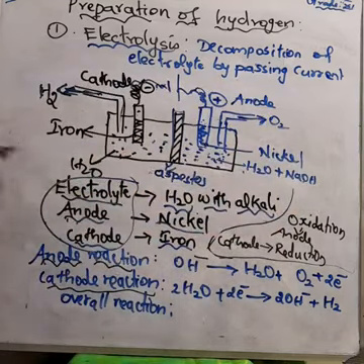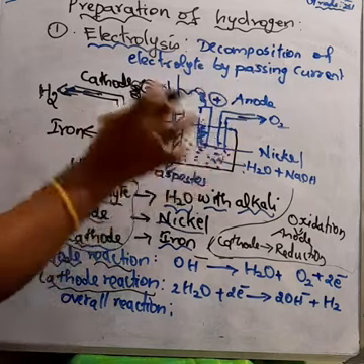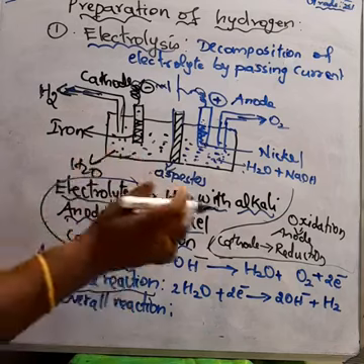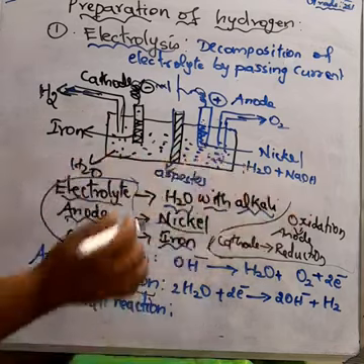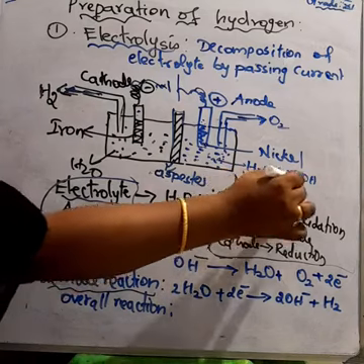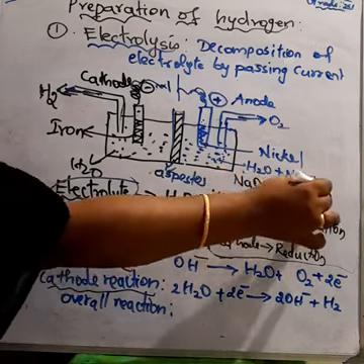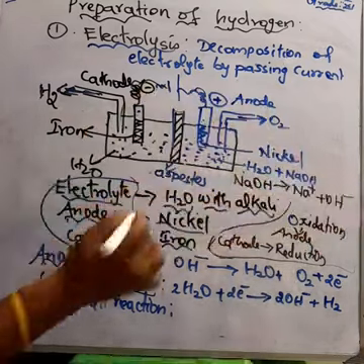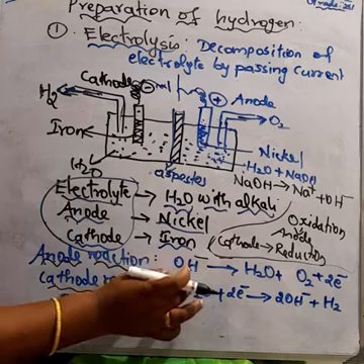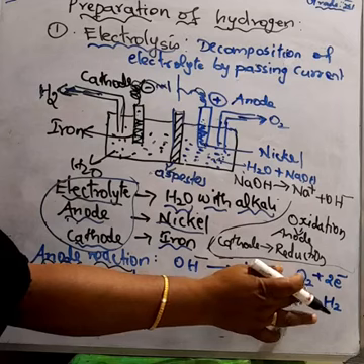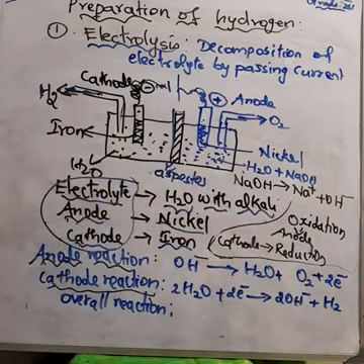When we pass current through this electrolyte, water mixed with NaOH, the electrolyte is decomposed to form Na+ and OH- ions. Then these OH- ions are further decomposed to release oxygen gas as the byproduct.